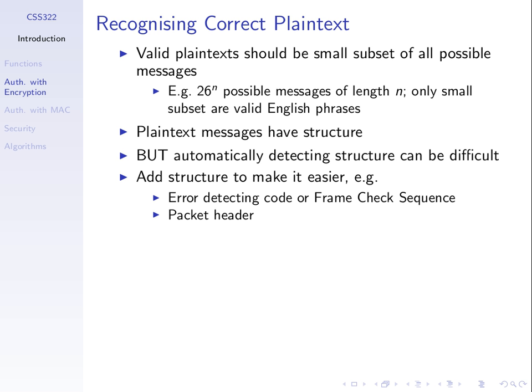Of those 26 to the power of 4 possible arrangements of 4 letters, only some of them will make words in the English dictionary, or make short phrases. So that's true with most languages, that of all possible arrangements, only some of them make sense. And that's why it's normally easy to automatically detect if the plaintext is correct if it's in some known language.